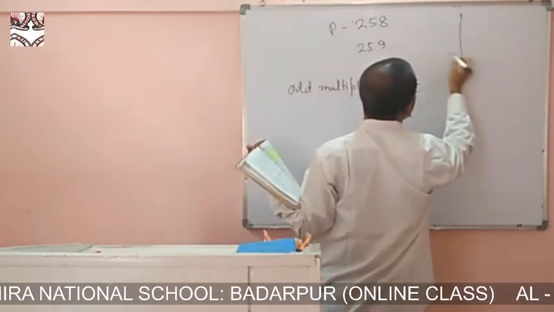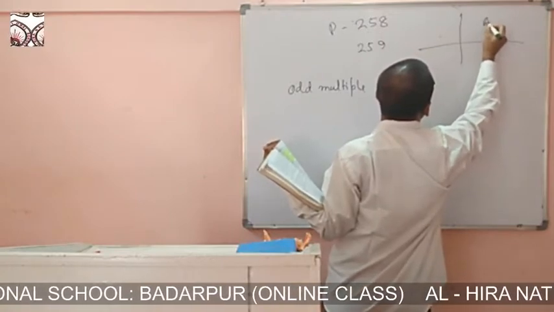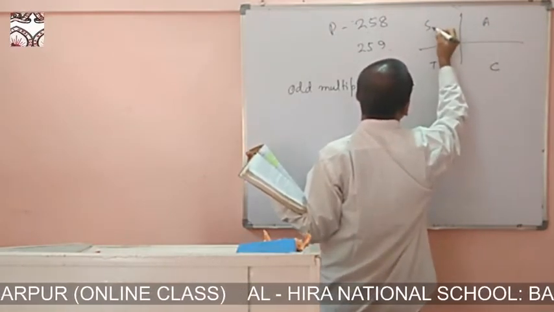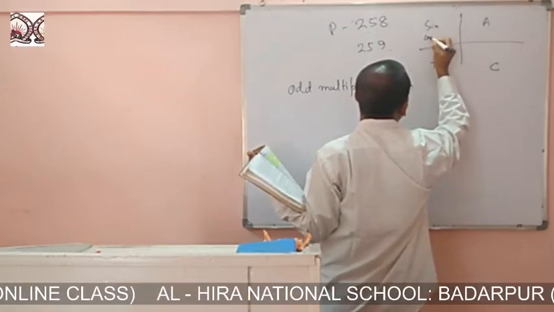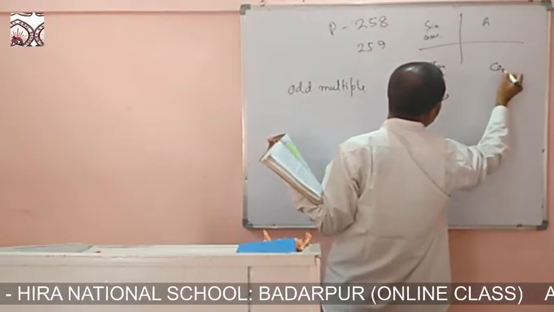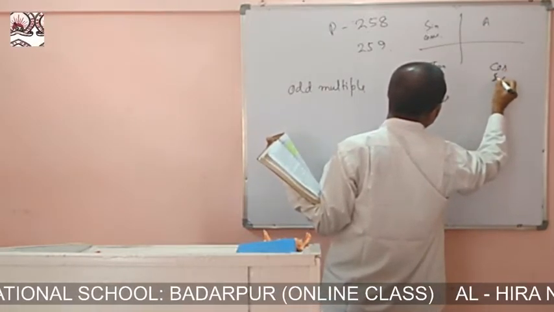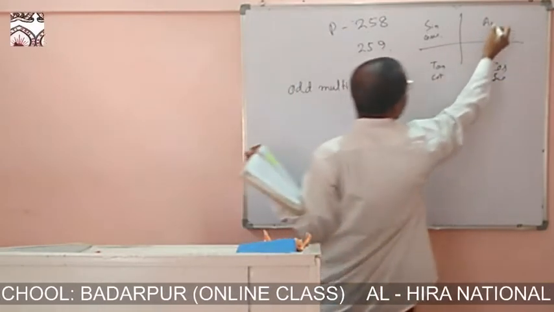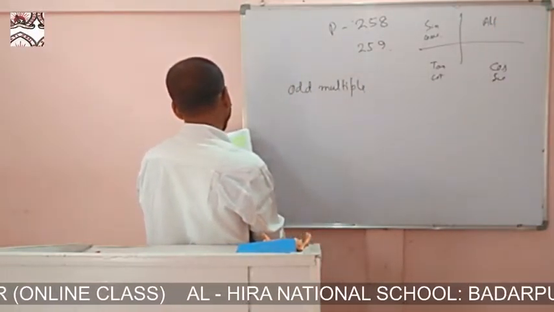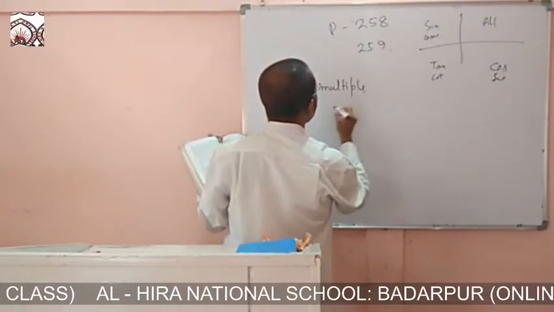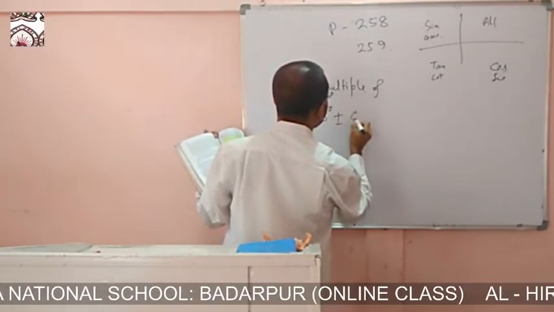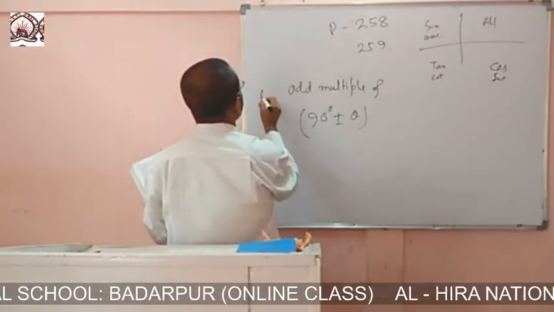suppose this one is all, sine, tan, cos. This is sine and cosec, tan and cot, cos and sec. So this is all sine, tan, cos. If the rotation is an odd multiple of 90 degree plus minus theta, this is most important.